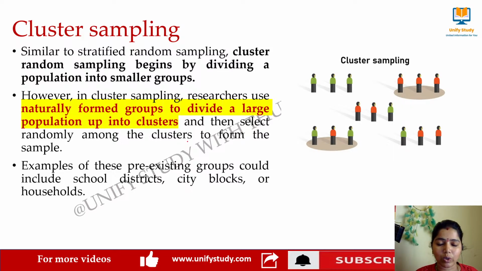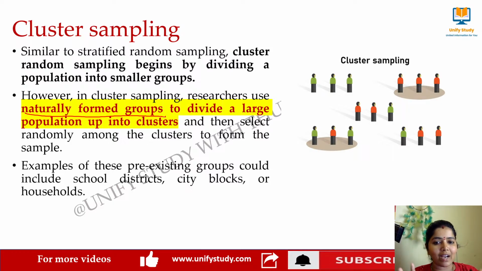Next, cluster sampling. These two things look similar. Here also we divide the whole population into groups, into clusters. But what is the major difference between stratified and cluster sampling? Here the groups are divided by naturally formed groups. They belong to the same school, or the same district.